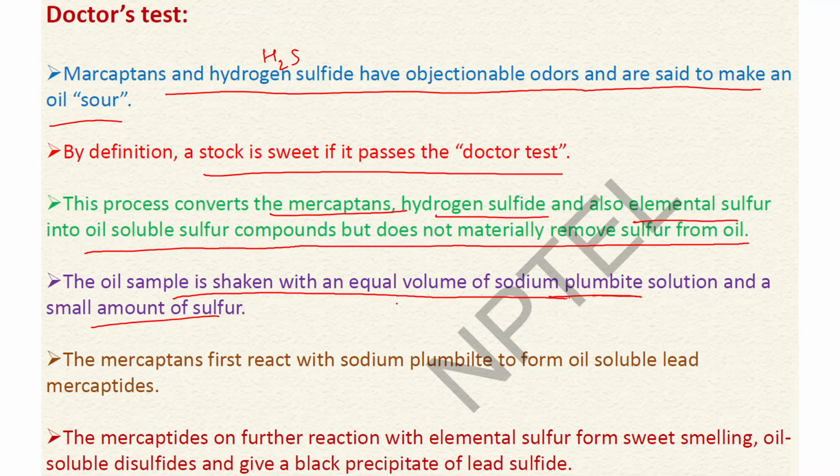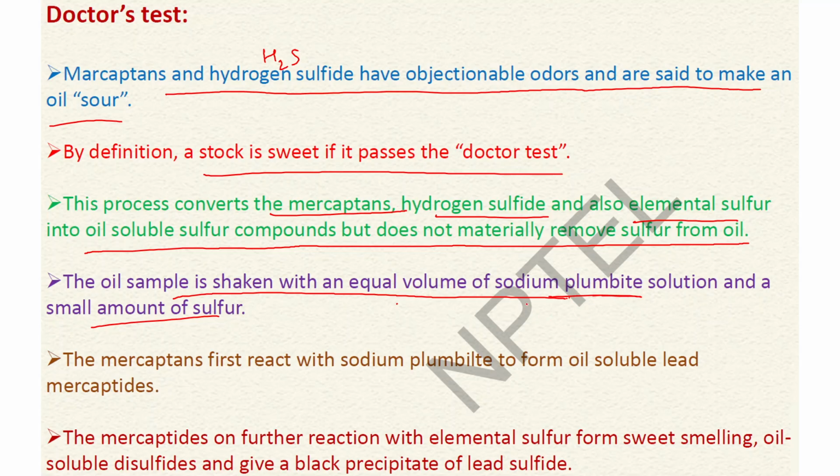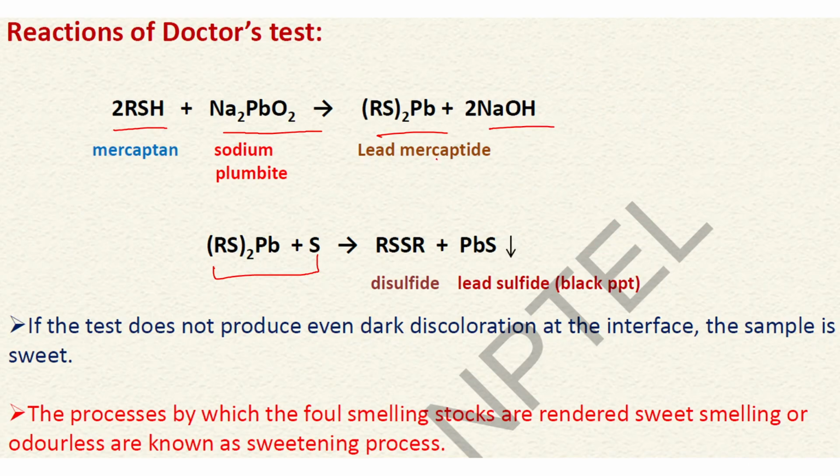Here is the reaction. The crude oil containing mercaptans is shaken with sodium plumbite, which gives lead mercaptide and NaOH. And this, as shown here, is shaken with an equal volume of sodium plumbite and a small amount of sulfur. So why is sulfur taken? Further, this lead mercaptide reacts with the sulfur to give disulfide and lead sulfide, which is basically a black precipitate.